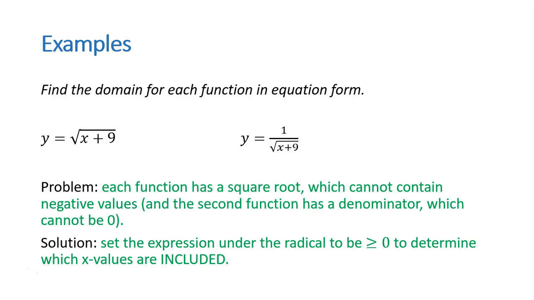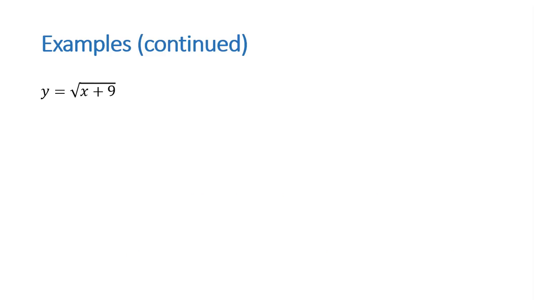So the easiest way to address this is just to take what's under the square root, what we call the radicand, and just set it to be greater than or equal to 0. In other words, we're finding things that are included. As long as x plus 9, or whatever happens to be under the square root, is greater than or equal to 0, then we're okay. So essentially what we're doing is we're finding the domain itself as opposed to finding things that are excluded from the domain. So let's see what this looks like.